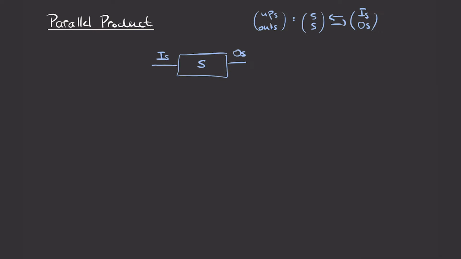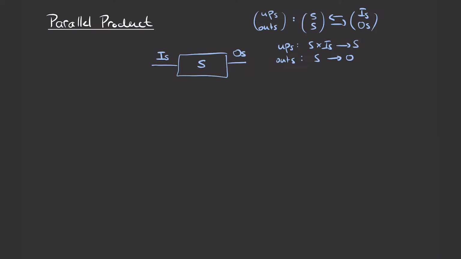And in case you don't remember, up S is a function that goes from S cross IS to S. So it takes the current state of the system and some input and produces the new state. That's why it's an update. And out S is a function that takes a state and uses it to produce an output.